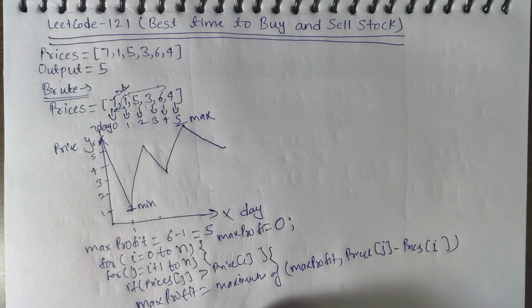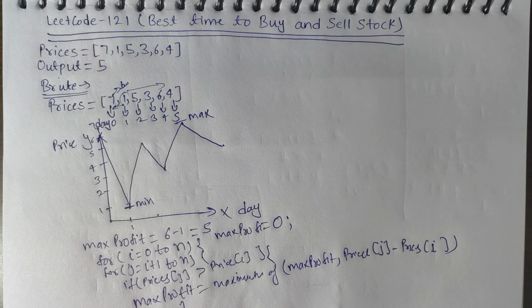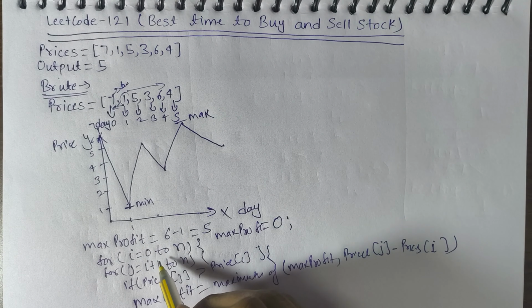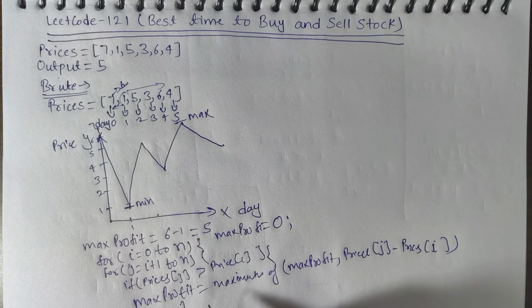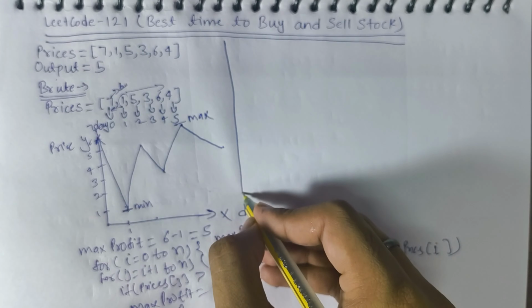Okay, so this is our brute force approach, and the time complexity of this code is big O of n square, which is inefficient. So let's talk about the optimization approach.